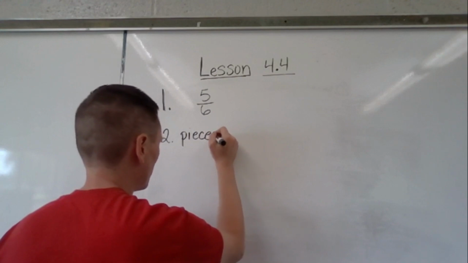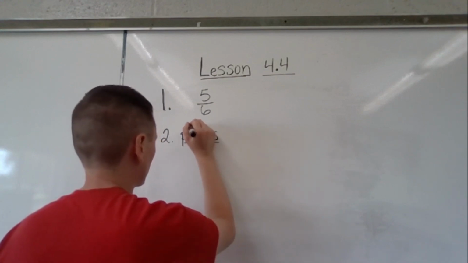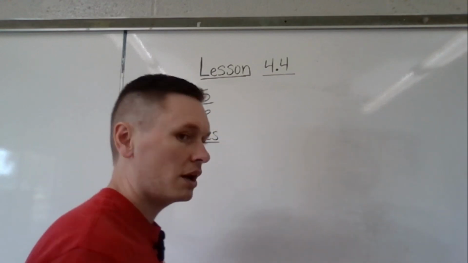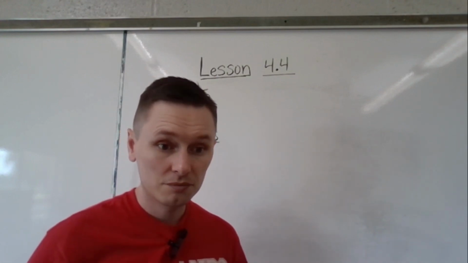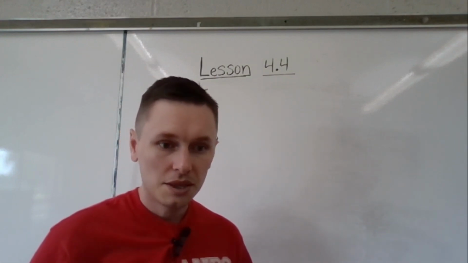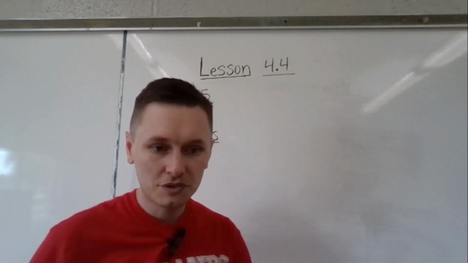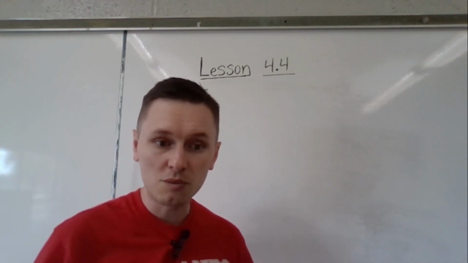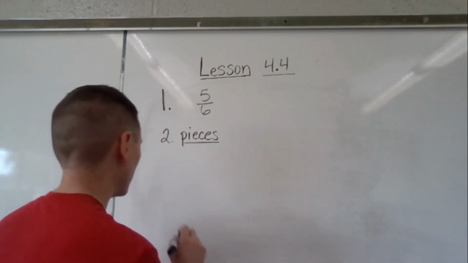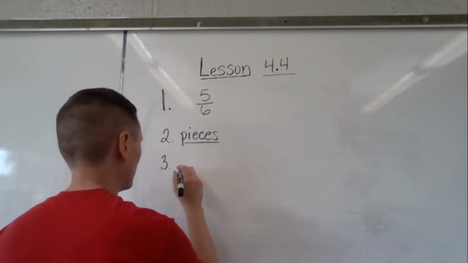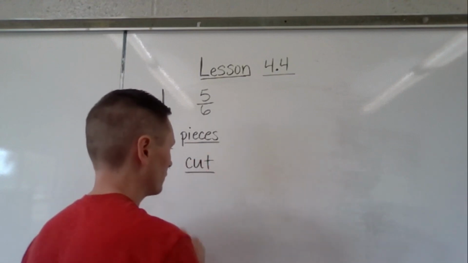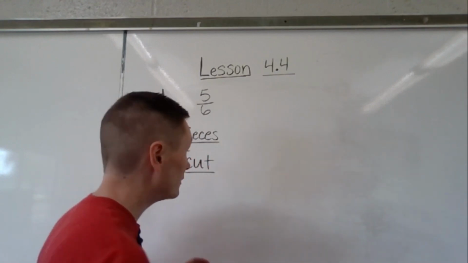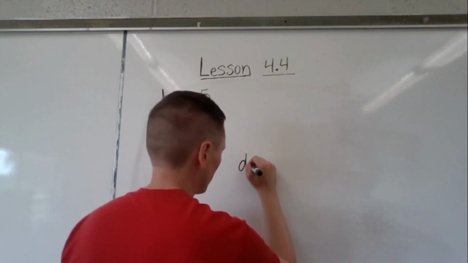So pieces of paper must be cut into 1/6 yard long pieces. Then step 3 is keywords. A keyword that I noticed in this problem is cut. And cut means divide.